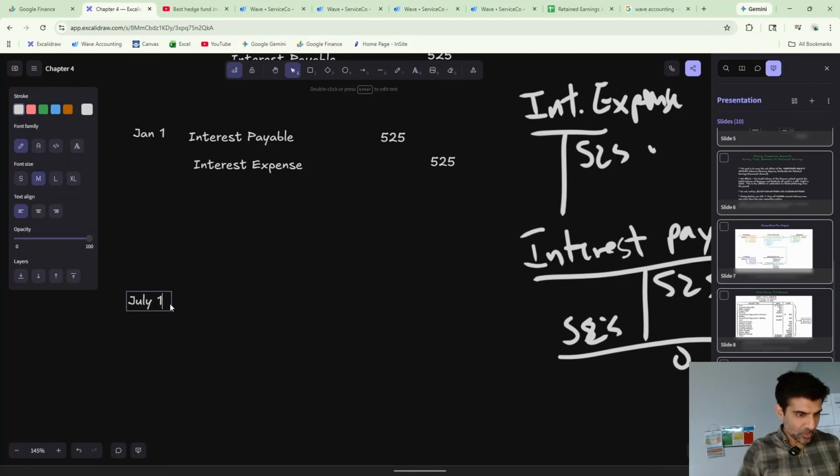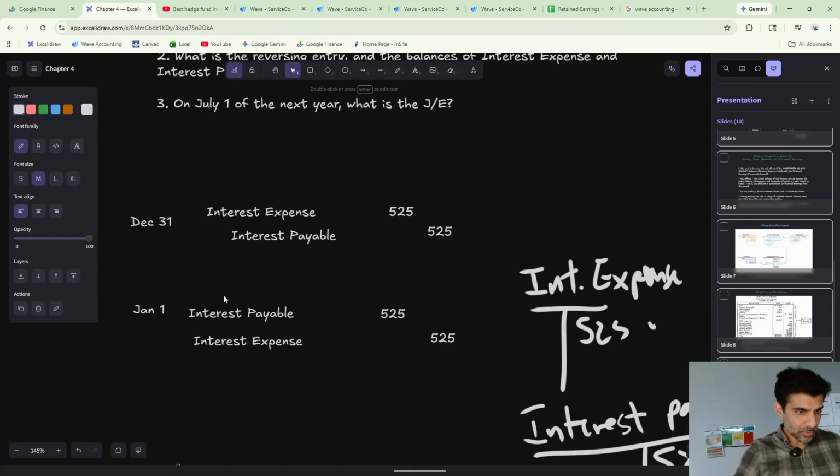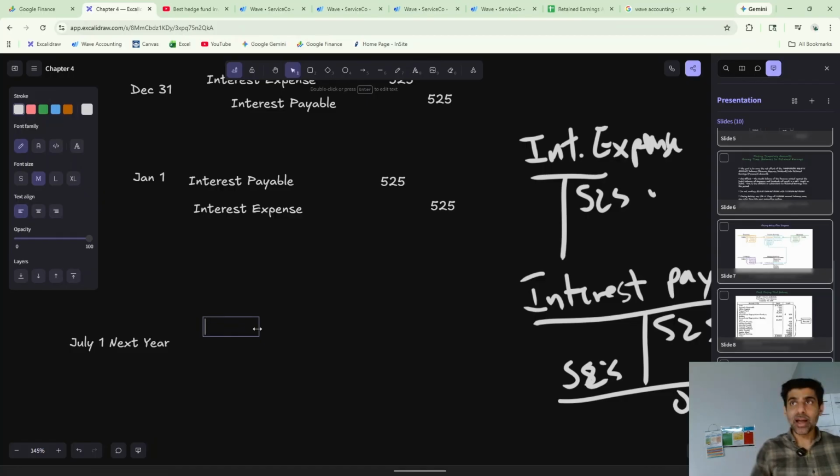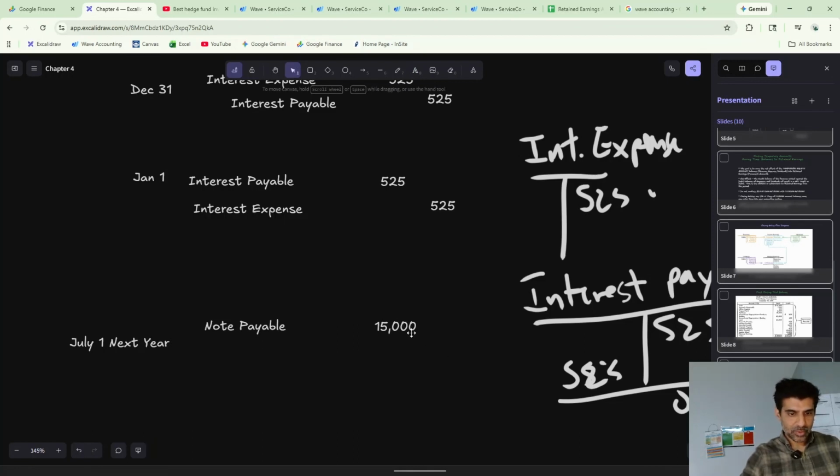Okay, so now on July 1st of the next year, I'm going to have a couple of different accounts. Number one, I'm going to pay off that note payable, so I'm going to debit that. How much did I borrow? 15,000. So I'm going to debit that 15,000.